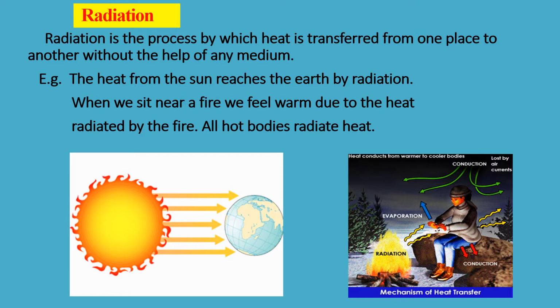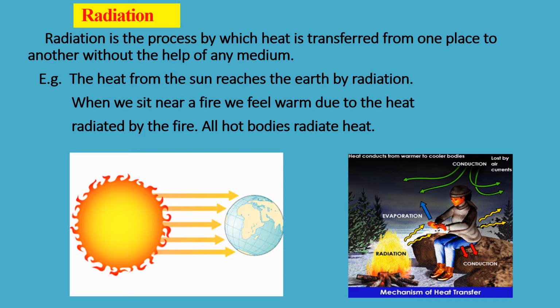One example is the heat of the sun reaching the earth. Now how does this apply? Actually, the sun's heat radiation comes through empty space and into the atmosphere of the earth.